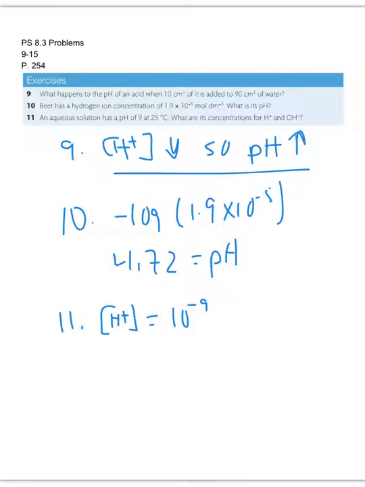And since the product of H plus and OH minus has to be 10 to the minus 14th at 25 degrees, then I can assume the OH minus is 10 to the minus fifth. And again, that's knowing that the Kw constant is 10 to the minus 14th at 25 degrees.